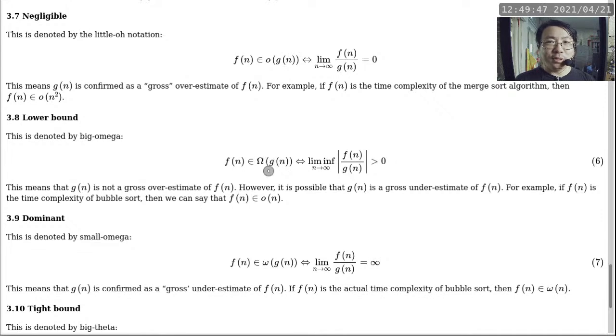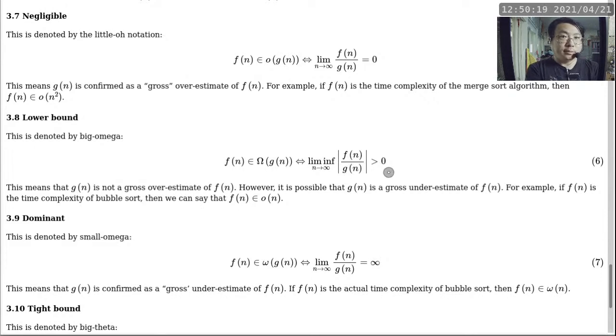This one is just asking whether in this case g is a lower bound of f. So the other one is upper bound, this one is lower bound. So how do we know something is a lower bound? Well, as long as the ratio of f of n divided by g of n is not 0 after you take the absolute value, as long as it is not 0, then g of n is a lower bound of f of n. That's it.